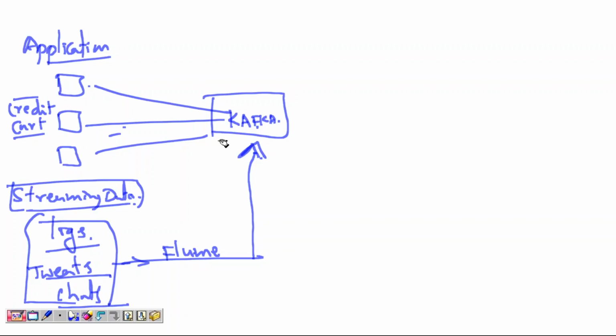But now I'm going to explain what Kafka cannot do, what the problem with Kafka is, and then what the solution for this is.